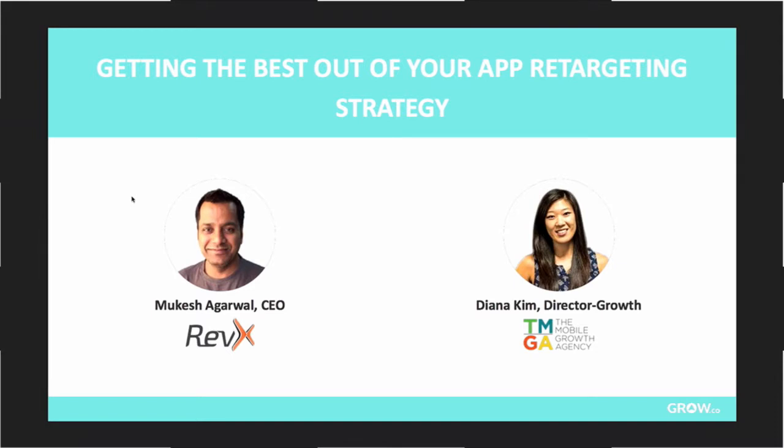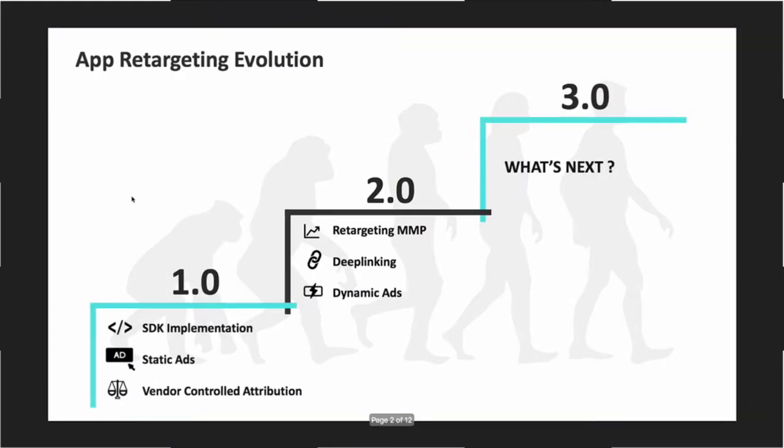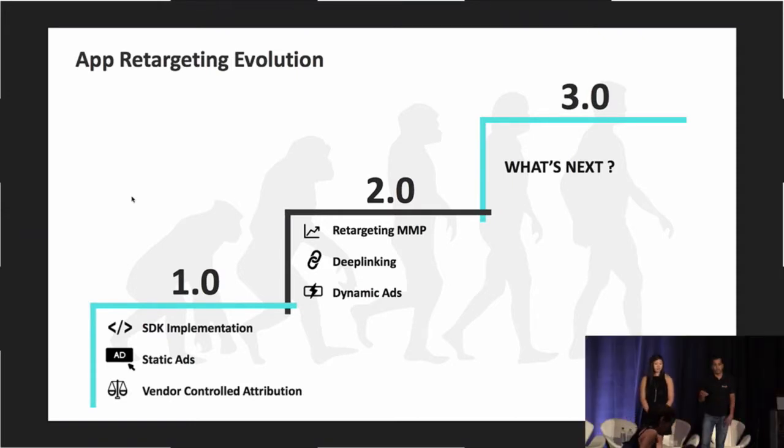So today, what we're going to do is talk a little bit about how the whole app retargeting platform evolution has happened in the last couple of years. And our focus is going to be more on the advanced analytics, how you can get the max out of app retargeting, given that a lot of the basics in the app retargeting platform evolution are in place.